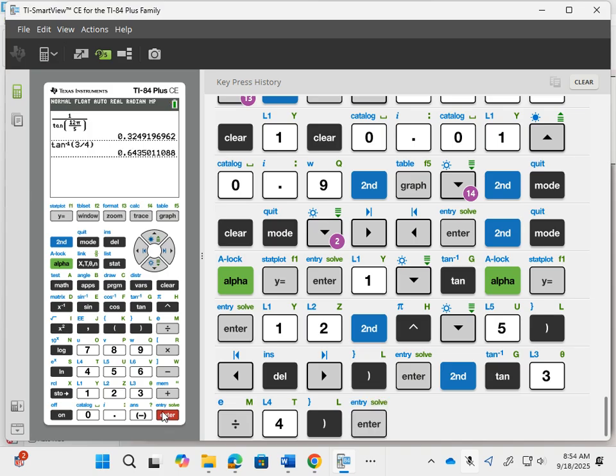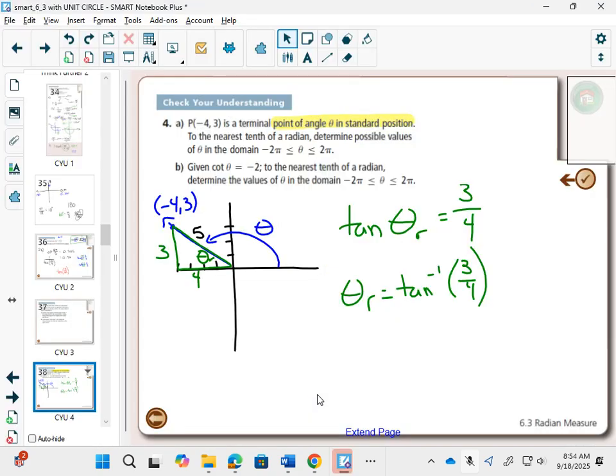So now I get a reference angle of 0.644. I rounded it there to 3 decimal places, but I'm going to keep all of my decimal places to the end.